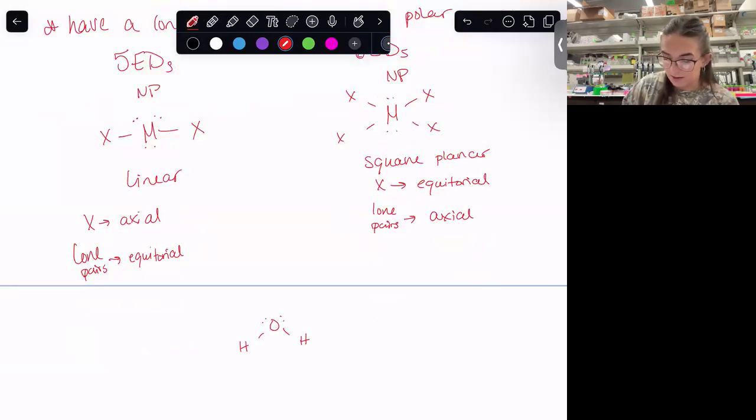This is a tetrahedral electron domain, and it has a bent molecular geometry. And so this is a polar molecule.